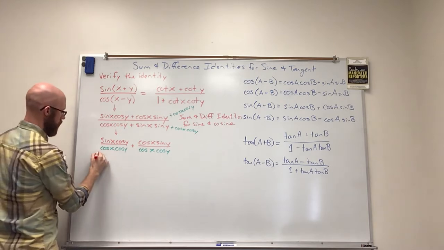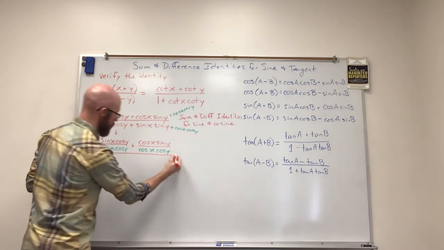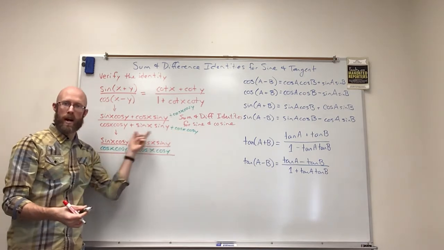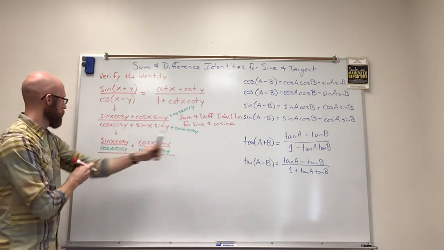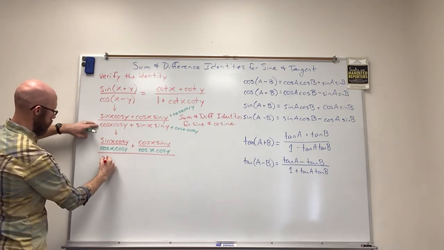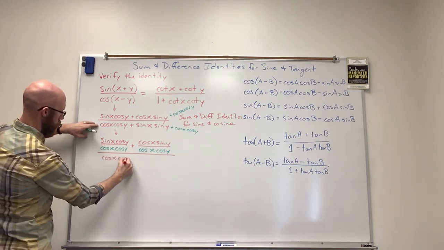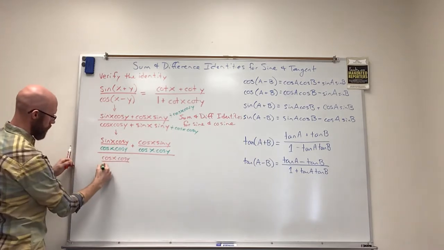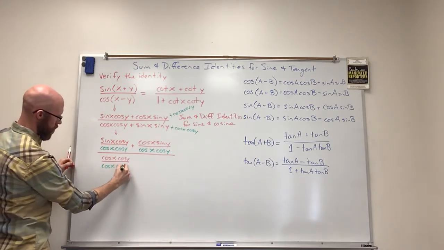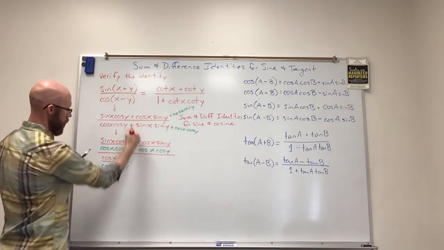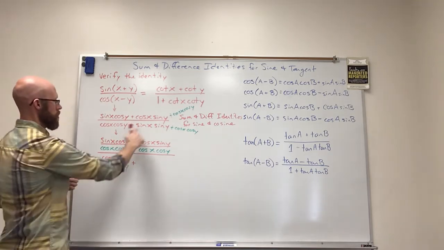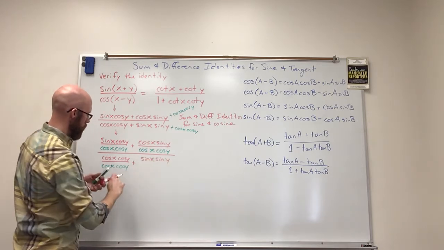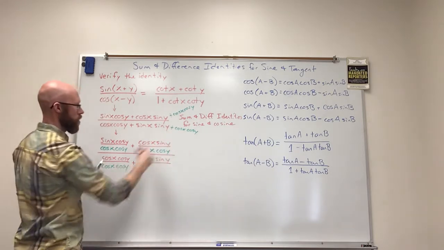All of that is over the denominator. Now the denominator is divided by, again, cos x cos y, and I distribute it to both terms. So we're going to have cos x cos y over cos x cos y plus sine x sine y over cos x cos y.